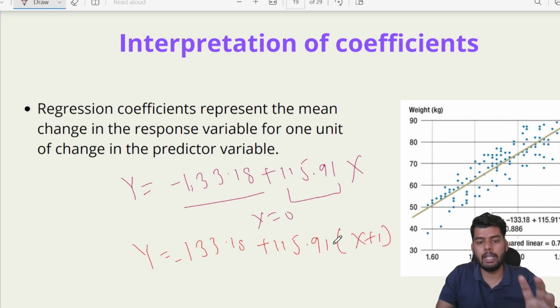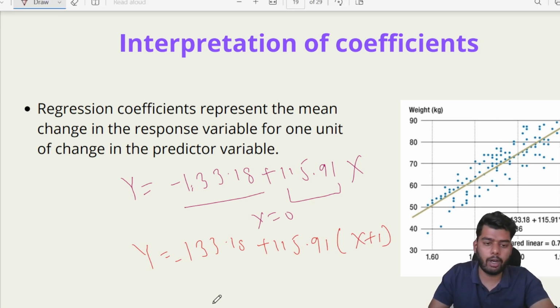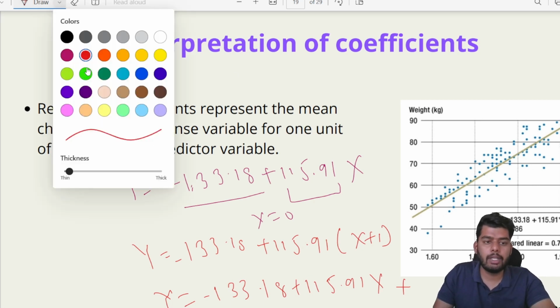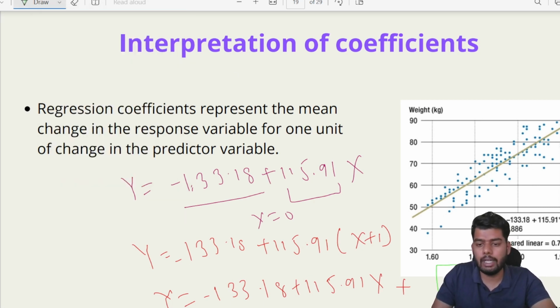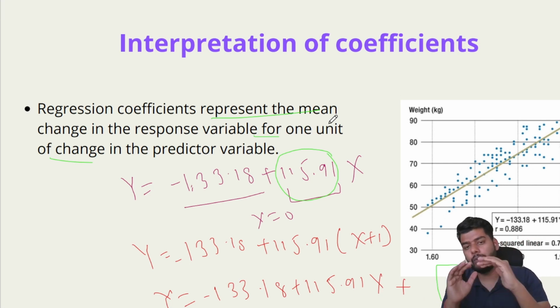Then this quantity is going to increase, and y becomes minus 133.18 plus 115.91 x plus 115.91. So the interpretation of this regression coefficient, in simple terms, is that it represents the mean change in the response variable for one unit change in the predictor variable. This coefficient represents the change in y when x is increased by 1.